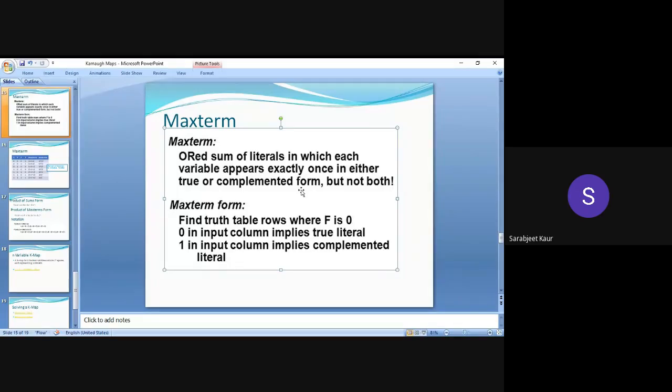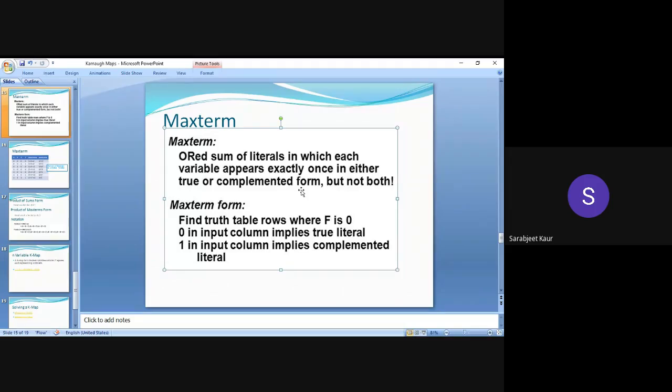Okay, because in a min term, if both of them appeared together, A and A dash, it would have made the entire min term equal to 0. And here it will make the entire max term equal to 1. I may keep on ORing as many literals as I want to this max term.